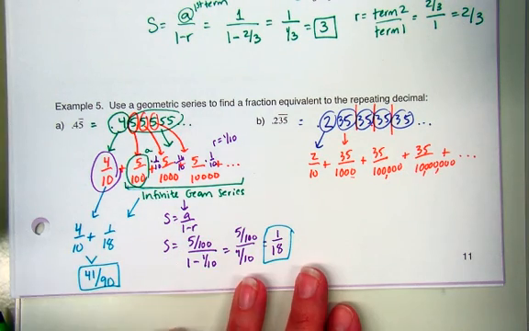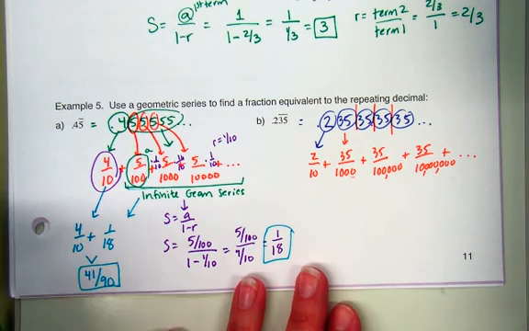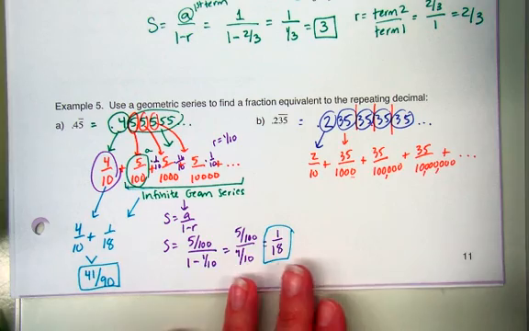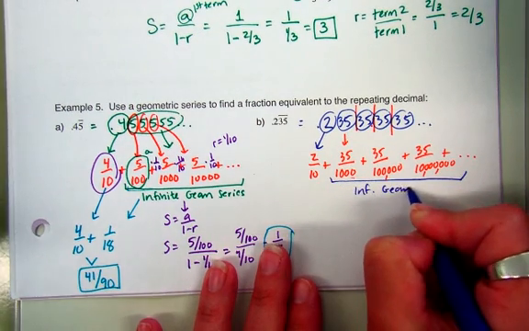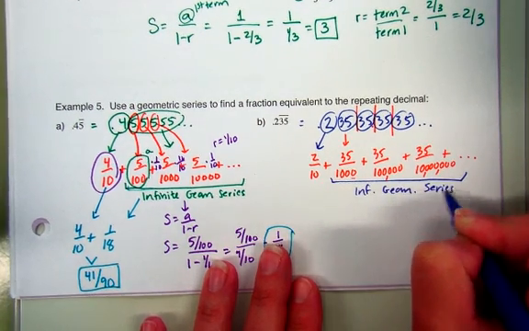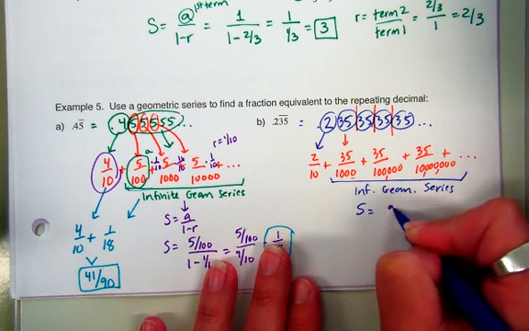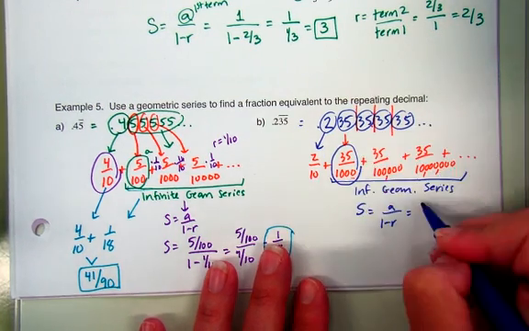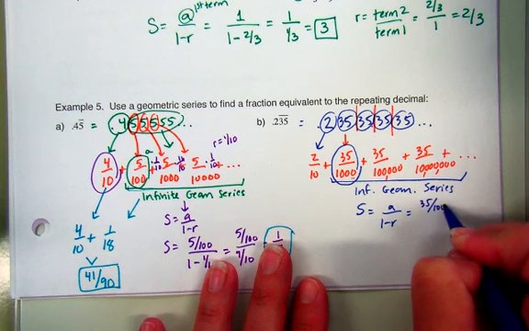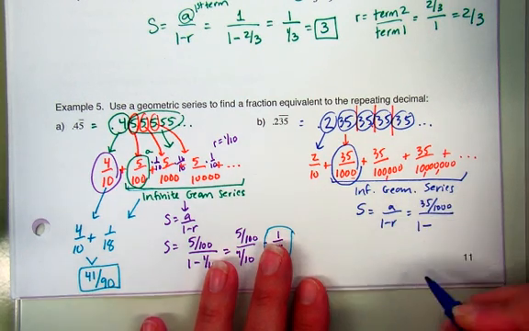So here's my geometric series. Infinite geometric series. S is equal to A over 1 minus R. Well, my A this time is the first term, so 35 over 1,000. 1 minus R, well, what am I multiplying by?